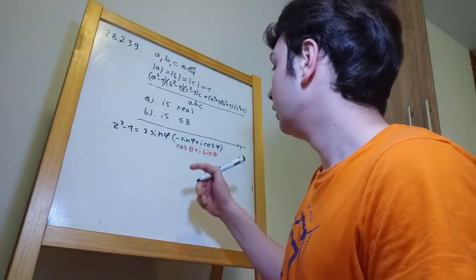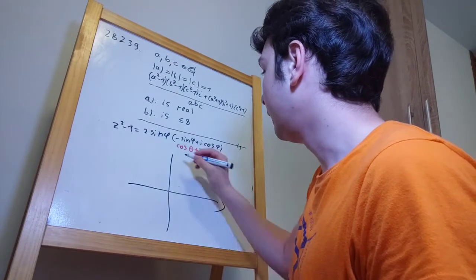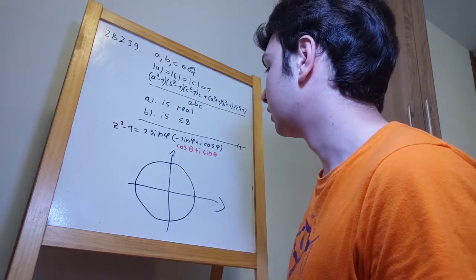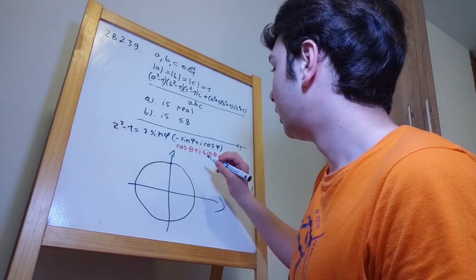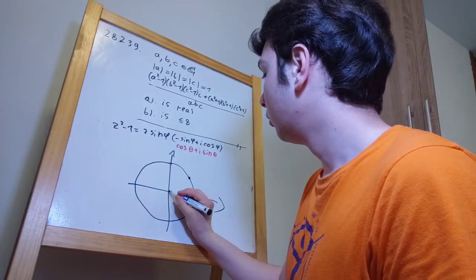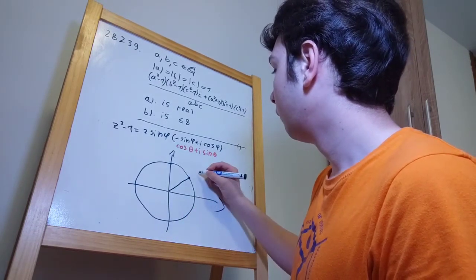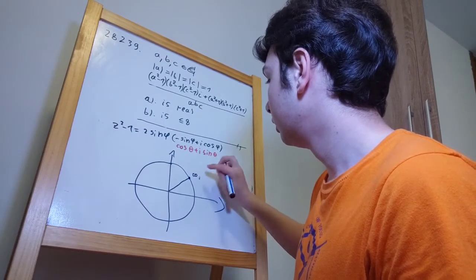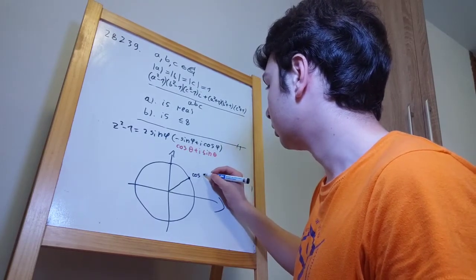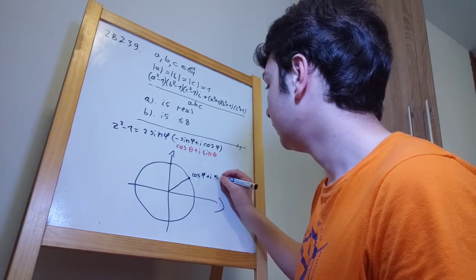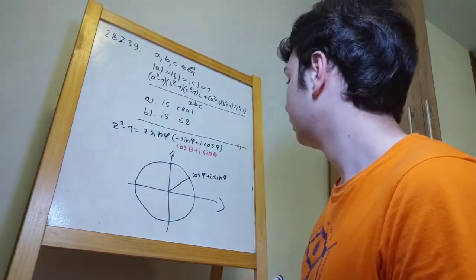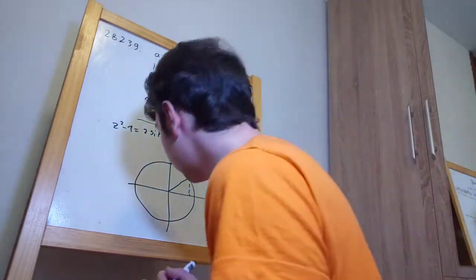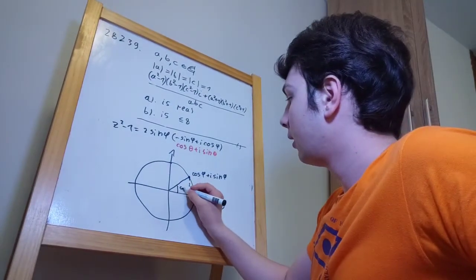If we have the xy plane, the complex plane, and a circle right here, the trigonometric circle, notice if we have a number here, which is cosine of phi plus I sine of phi, then we have to look at this.